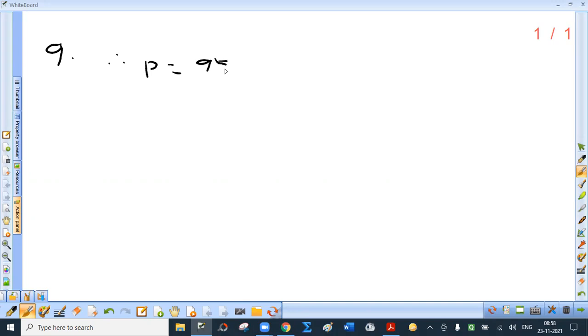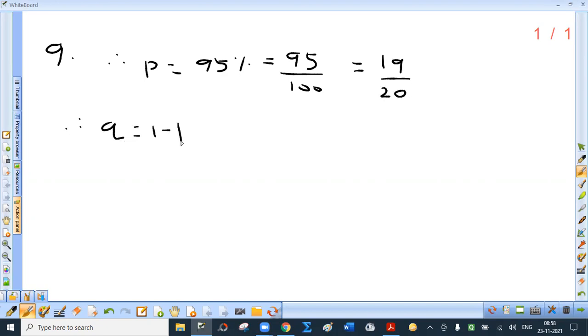Percent means per 100, for every 100. So 95 upon 100. Simplify. So 19 upon 20. So what is q? 1 minus p, that is 1 upon 20.